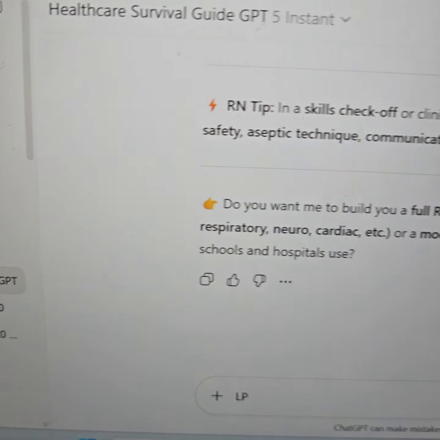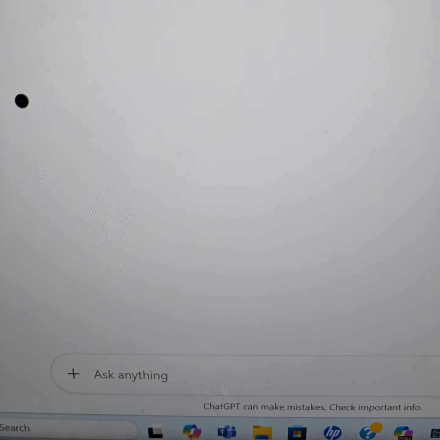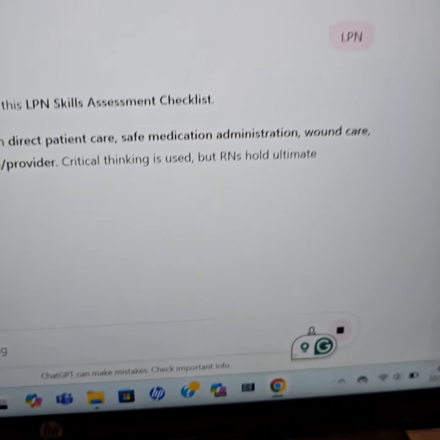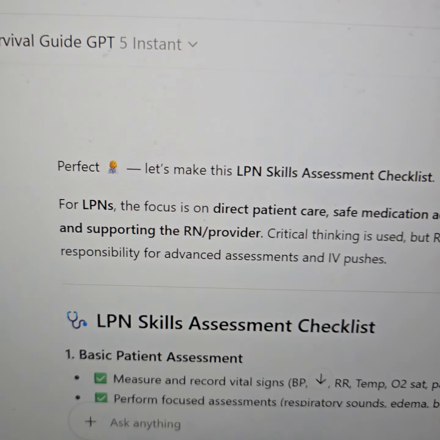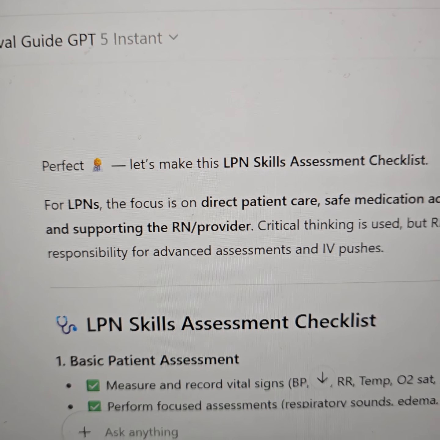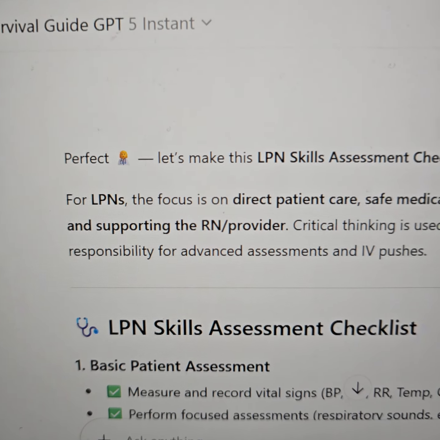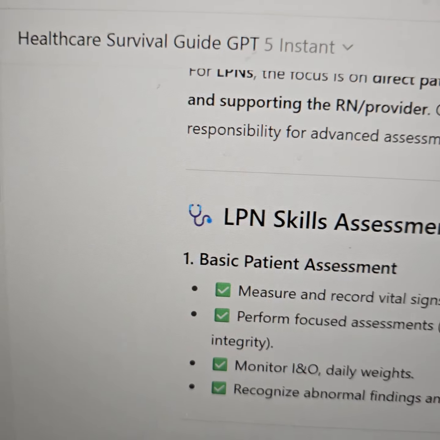Now, LPN. Let's switch, and it's going to give you an LPN checklist. You don't even have to type it in again. It pretty much knows what you already want, unless you change gears. But once you stay on the same thing, it's going to give you what you want. So the LPN checklist, right?